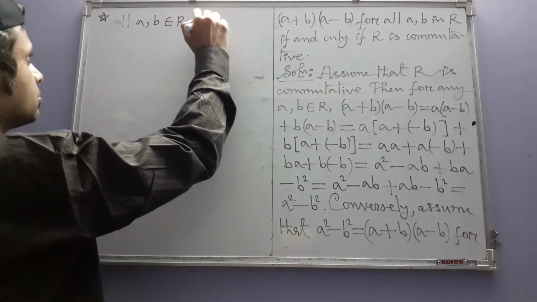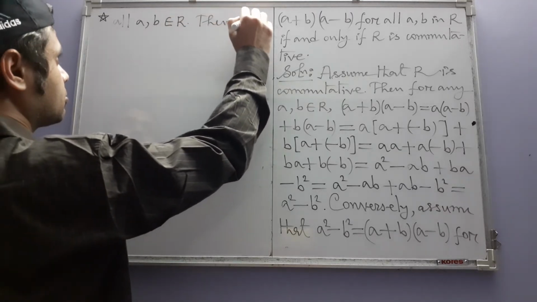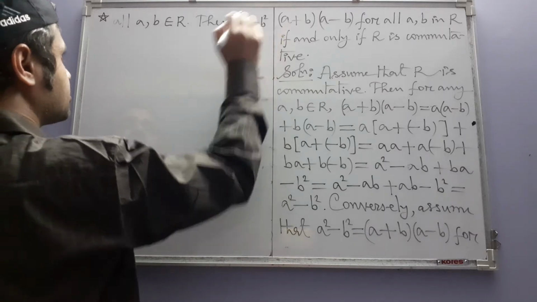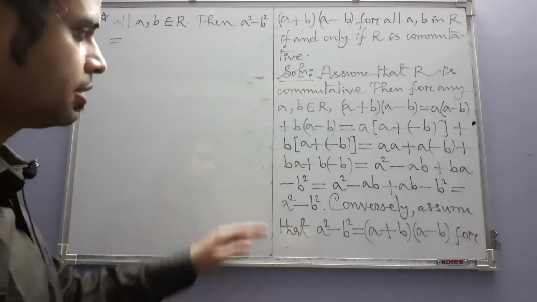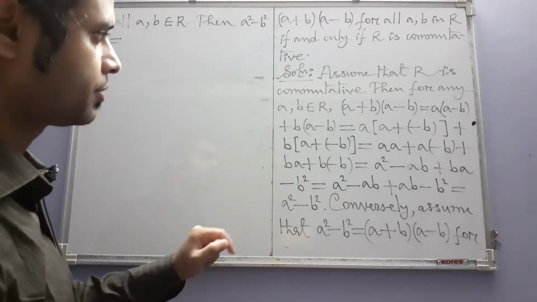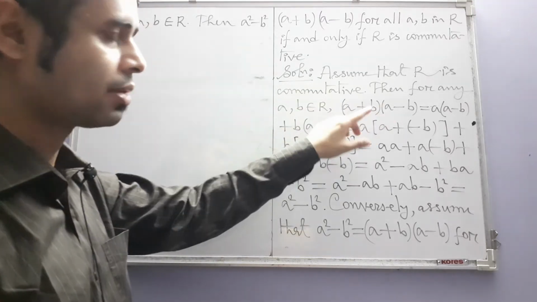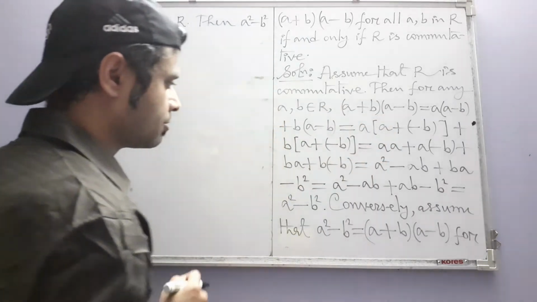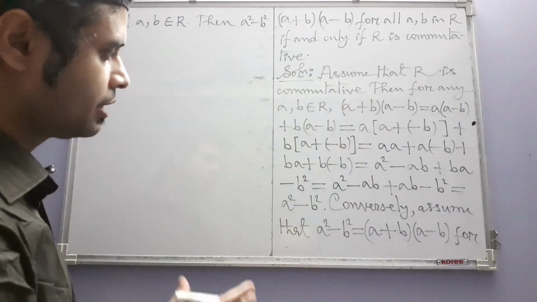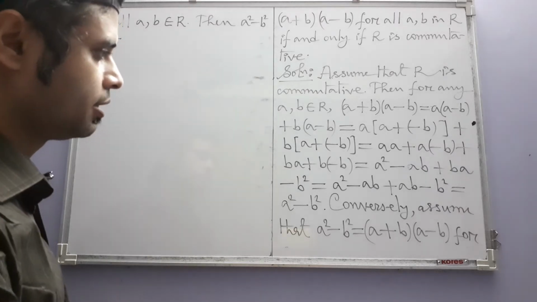Then a square minus b square is equal to, we have already seen this calculation, I mean how we multiply these two things, how we multiply the terms out, and we can use that here directly.